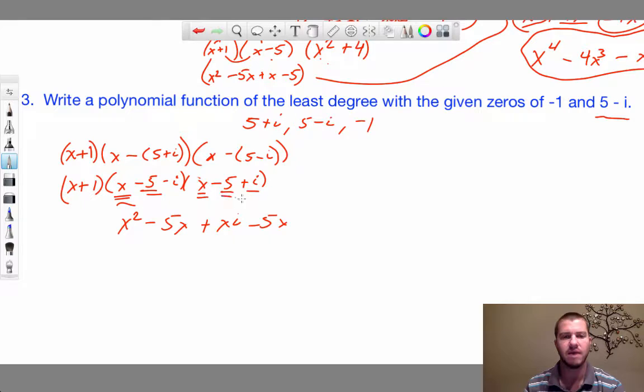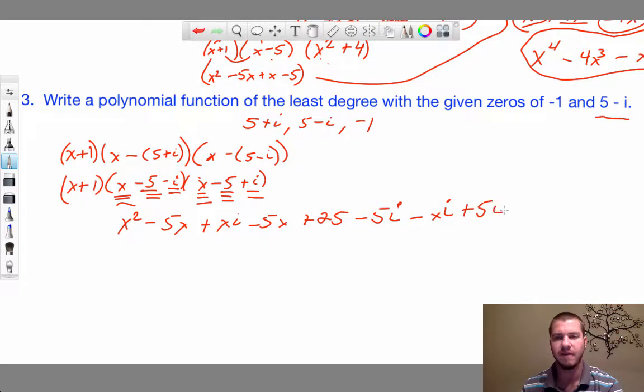Negative 5 times negative 5 is positive 25. And negative 5 times i is negative 5i. And then here, negative i times x is negative xi. Negative i times negative 5 is positive 5i. And negative i times positive i becomes negative i squared.